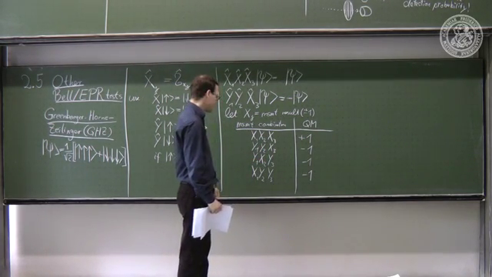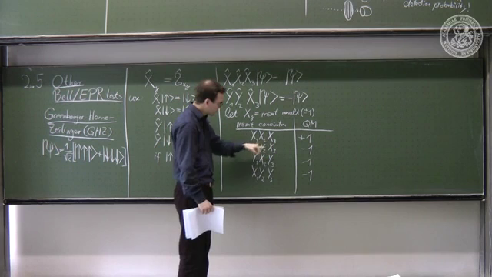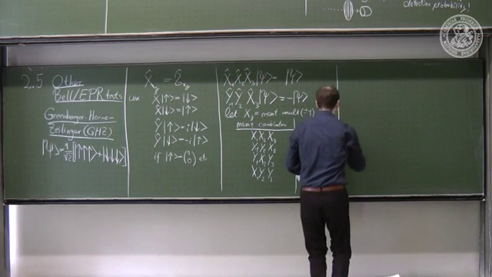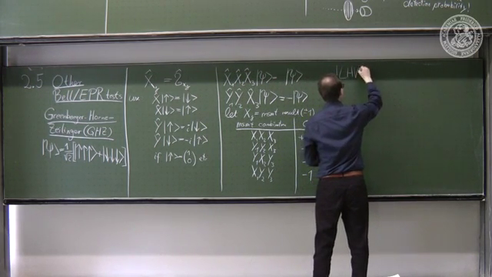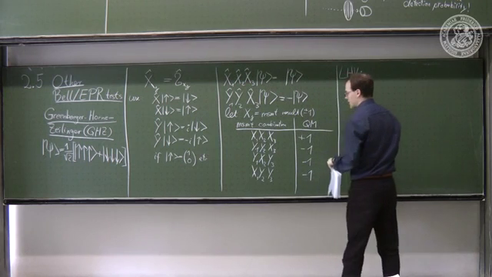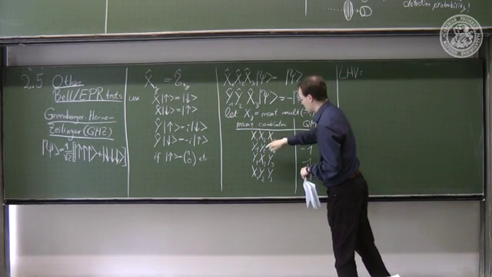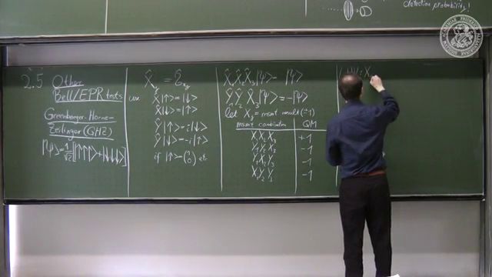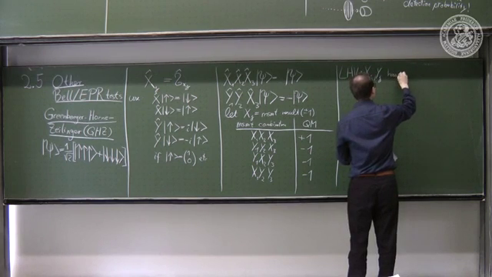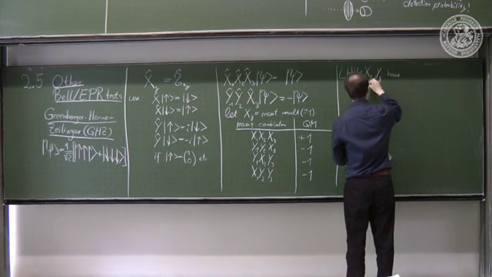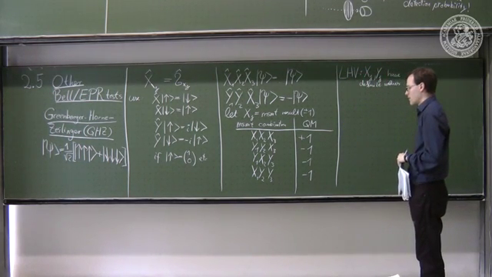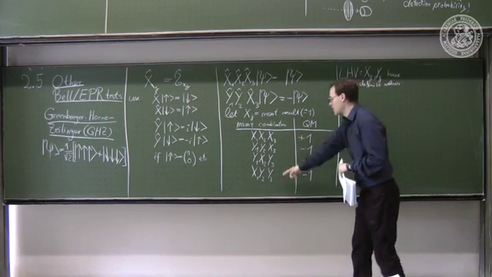And so, what I can do is the following. I can take the product of all of these numbers here. So again, local hidden variables tell you that x1, x2, x3, y1, y2, y3 have definite values. And I want to take the product of all of these.